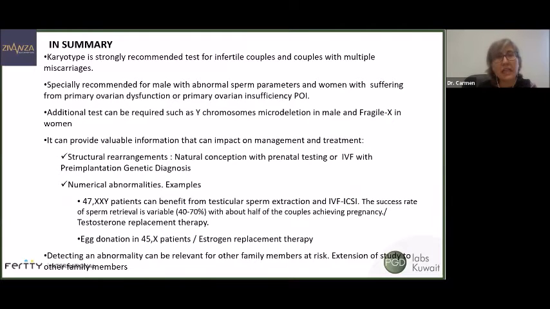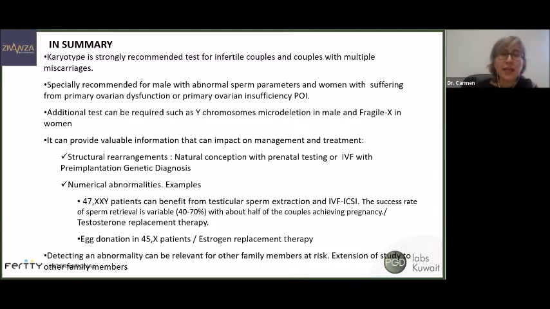In fact, a lot of clinics do karyotype as a routine test before starting any IVF treatment. But this test is especially recommended for males with abnormal sperm parameters and women suffering from primary ovarian dysfunction or insufficiency. Also, additional tests can be required, such as Y chromosome microdeletion in males or Fragile X in women.